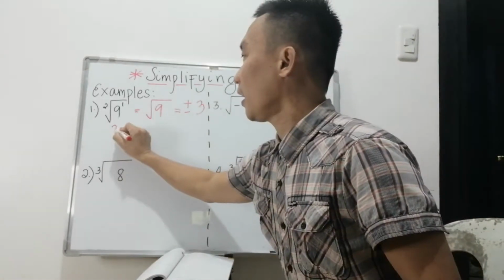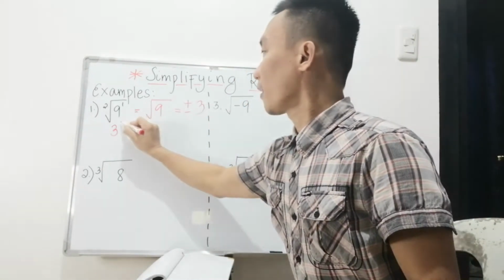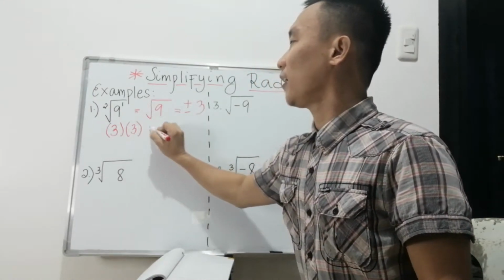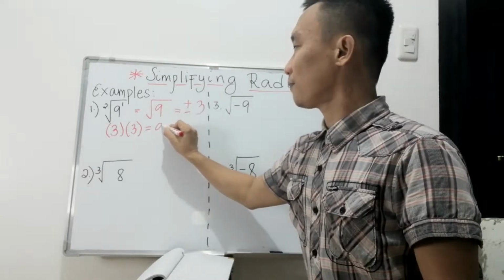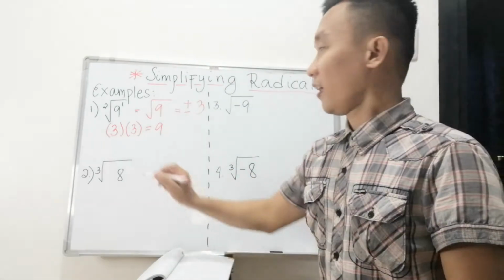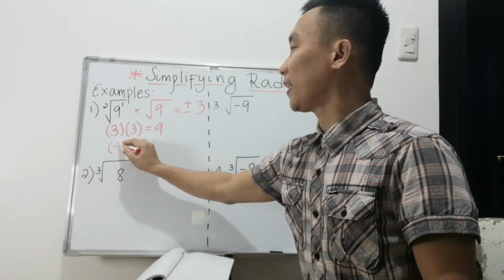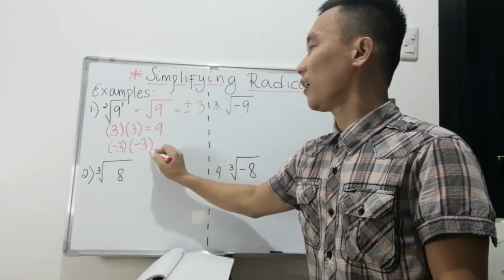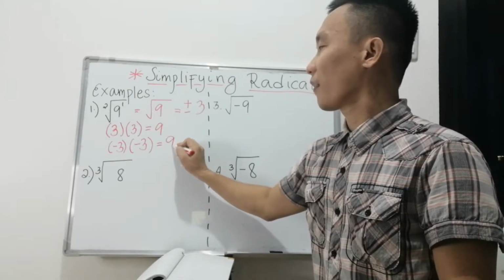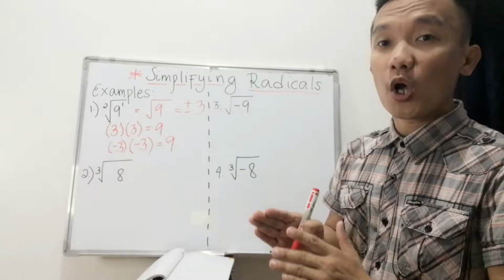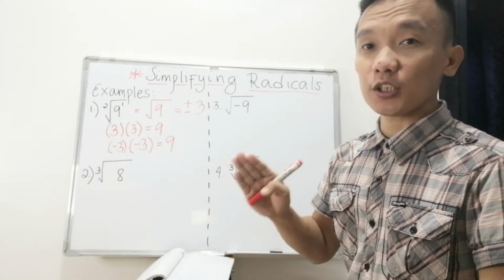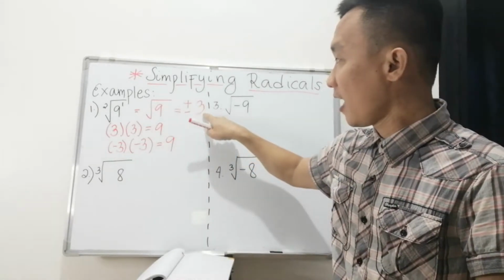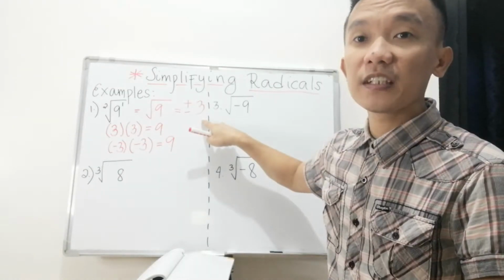Because if a positive 3 is multiplied to a positive 3, the result is positive 9. And if you multiply a negative 3 times a negative 3, the result is still a positive 9. So that's why the answer to square root of 9 is a positive 3 and a negative 3.